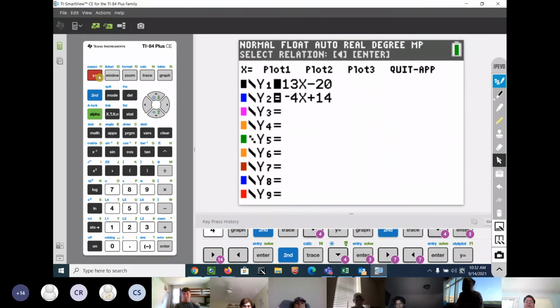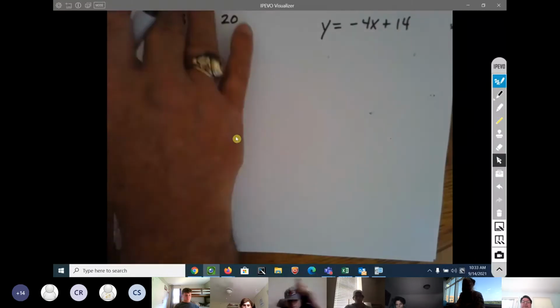Y is equal to 13x minus 20. And y is equal to negative 4x plus 14. Now let's say that it's not looking like that. Let's say that this question looks like this.